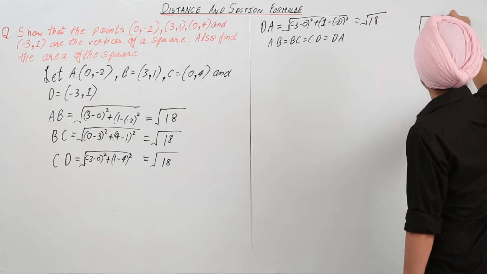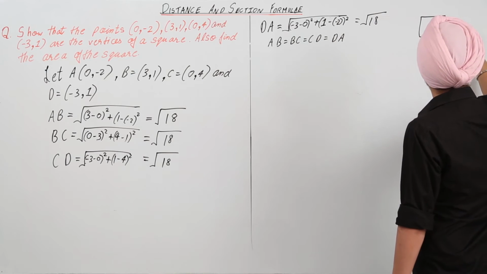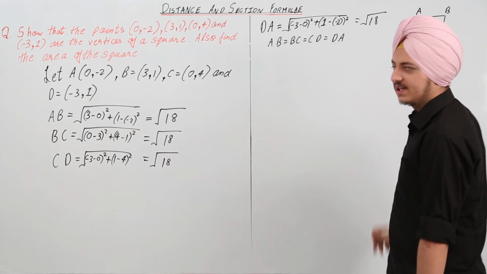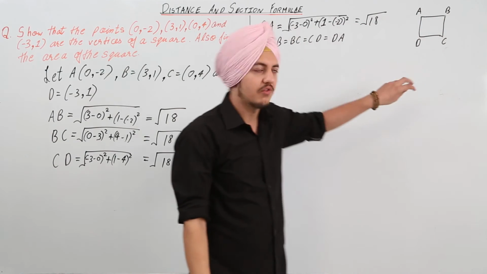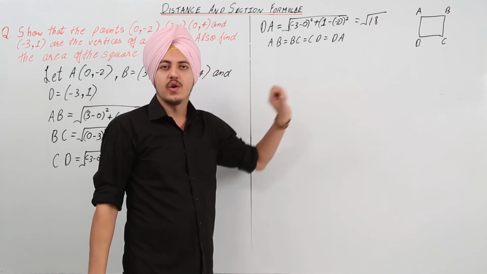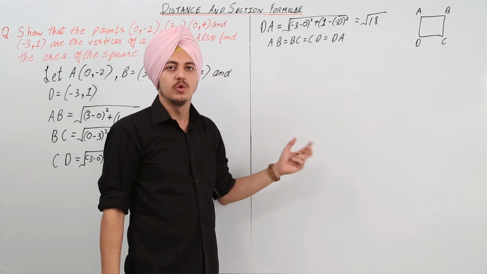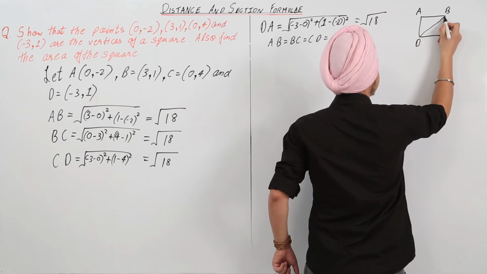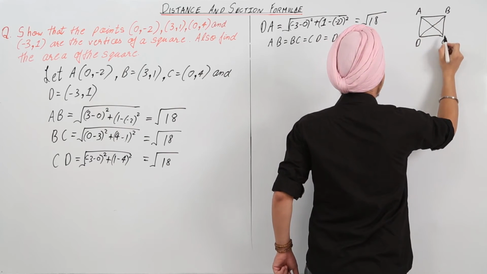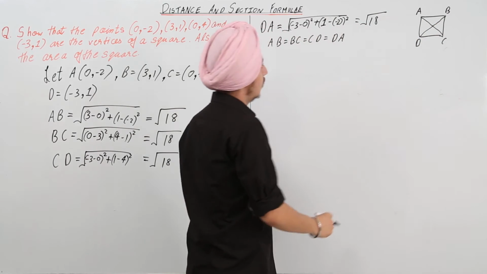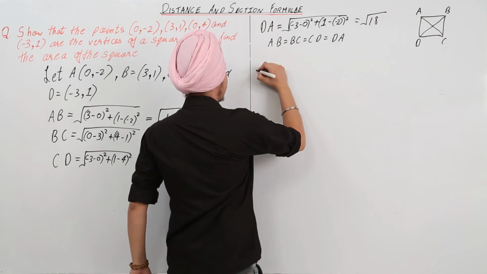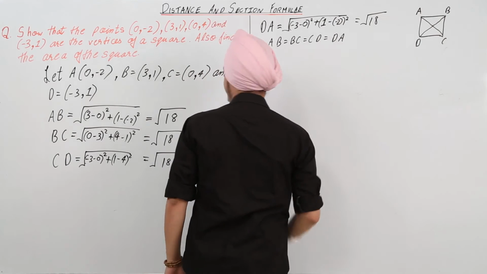Now if we have a square over here with points A, B, C and D, we have proven that all 4 sides of the square are equal. Now if all the 4 sides of the square are equal, what else do we have to prove? We have to prove that both the diagonals of the square are also equal. So the diagonals of the square are AC and BD. Now let's find out the length of AC.